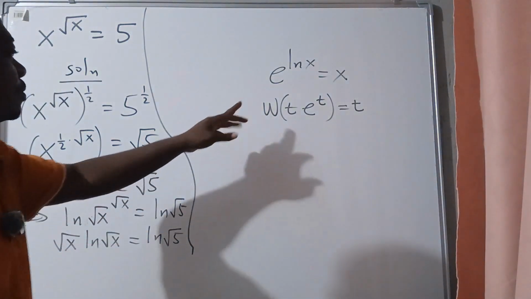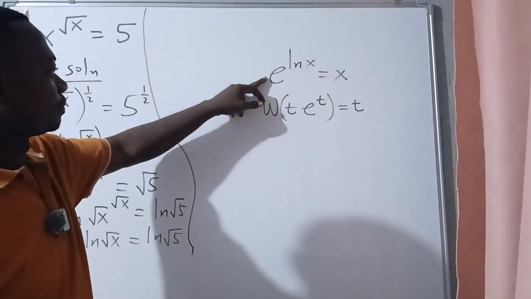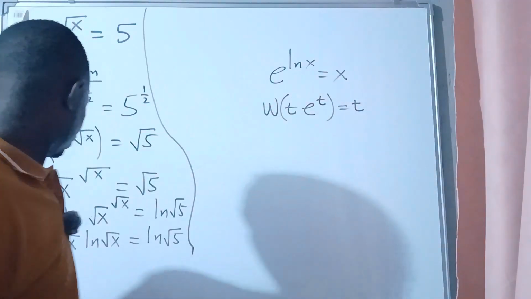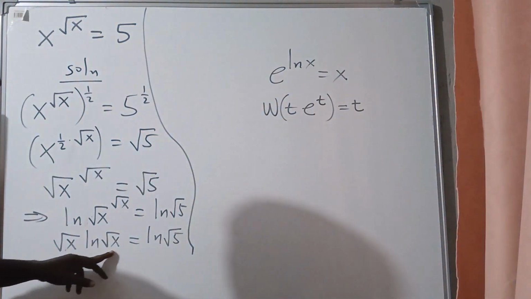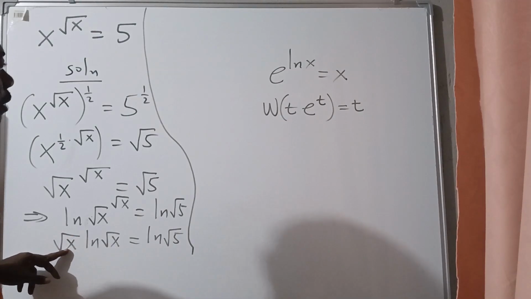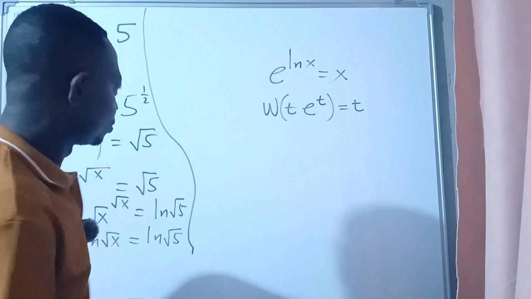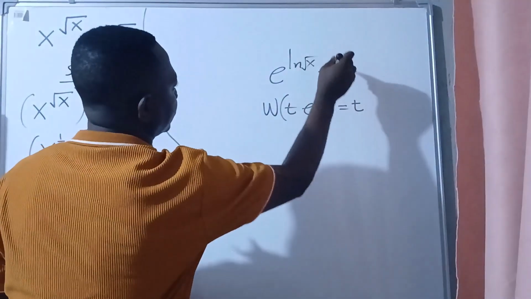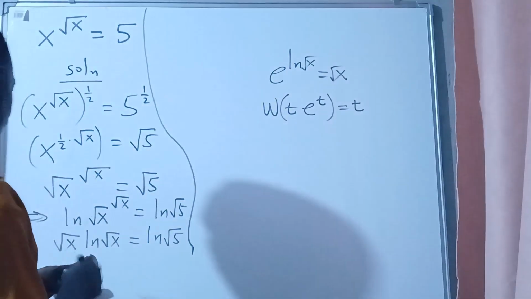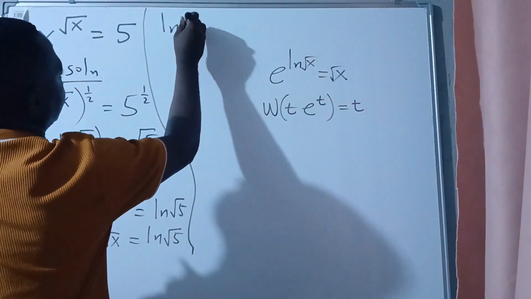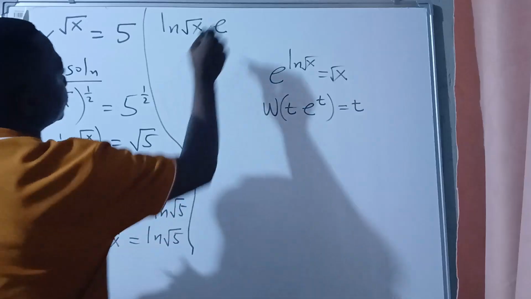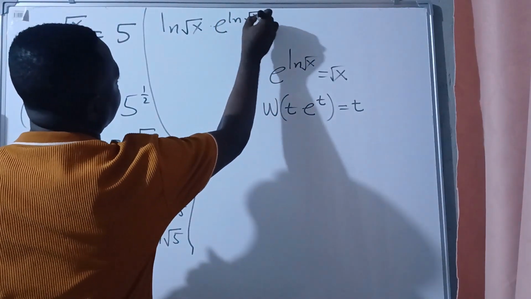Let's observe this one. You want to introduce e here, so we start with the first one. We understand that e raised to ln of something is that thing. We have ln of square root of x, and square root of x is free here, so instead of this one, I'll make it this. If I make it square root of x, the answer will give us that. So I'll write this as ln of square root of x times e raised to ln of square root of x.